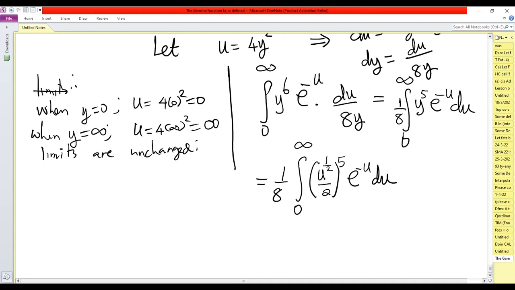So this will give us 1 over 8 times 1 over 2 power 5, integral 0 to infinity, u raised power a half times 5 is 5 over 2, e raised power minus u du.